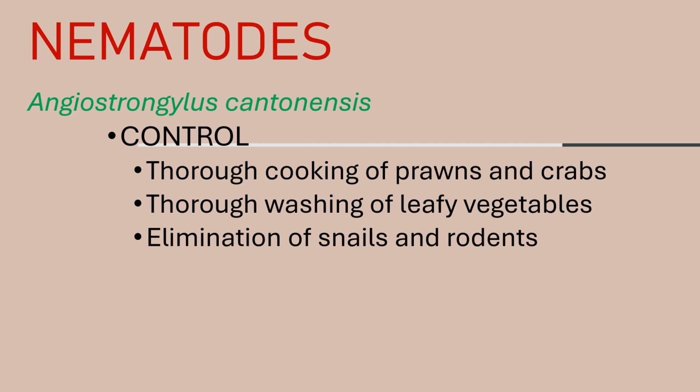Do not eat raw or poorly cooked mollusks or snails or unwashed vegetables. Also, thoroughly cook prawns and crabs and thoroughly wash leafy vegetables, because prawns and crabs are also intermediate hosts of Angiostrongylus cantonensis. Also, eliminate snails and rodents.